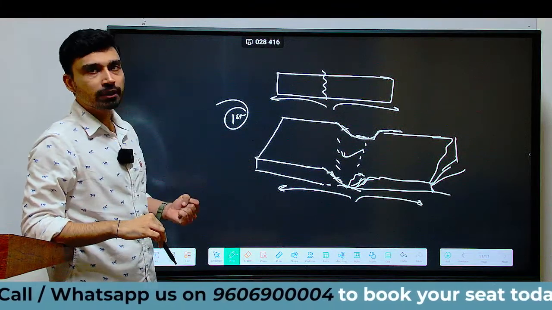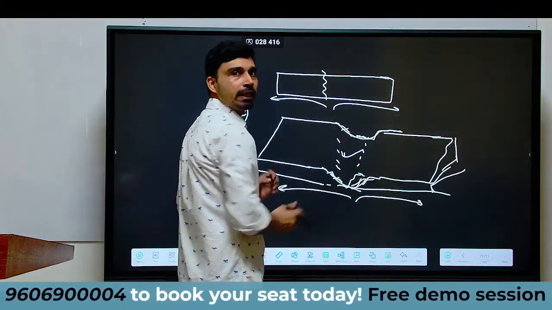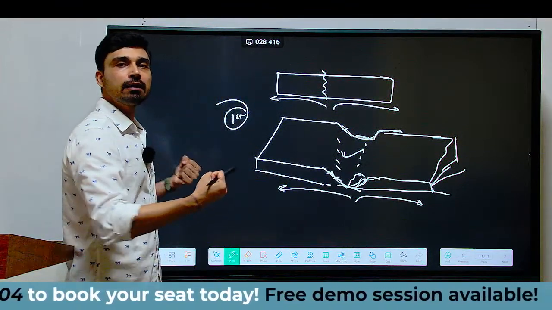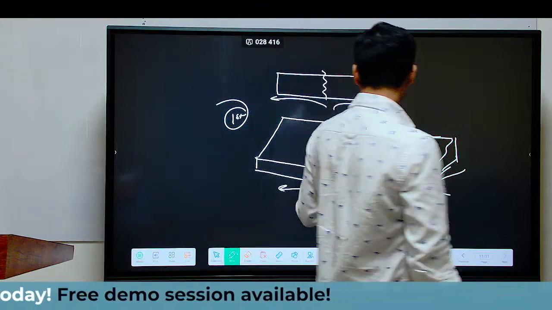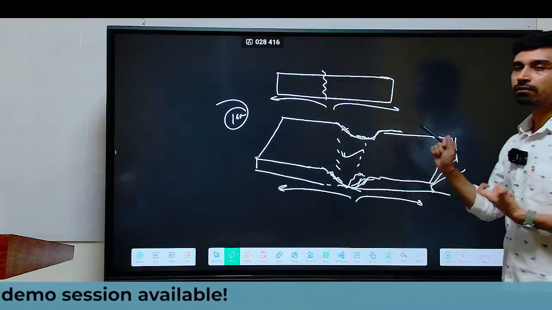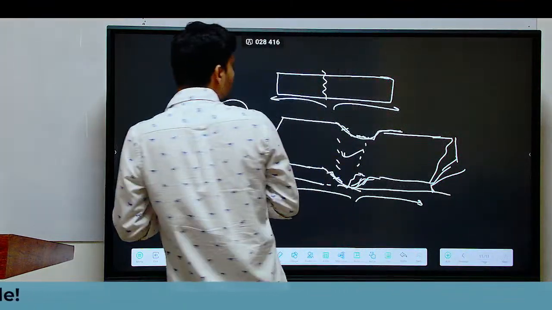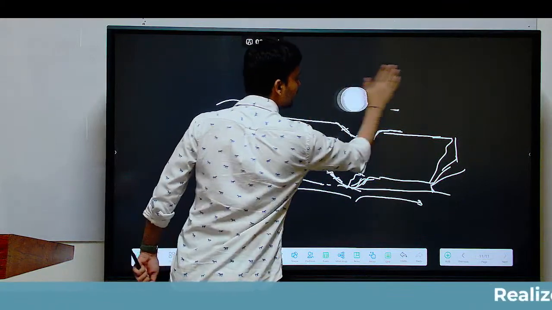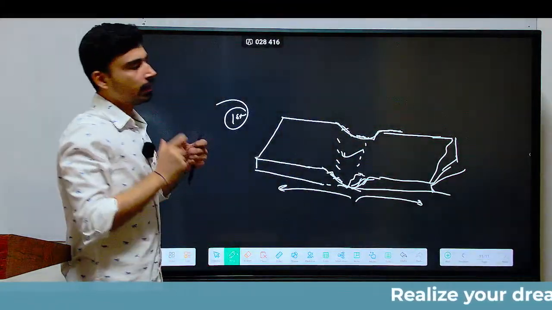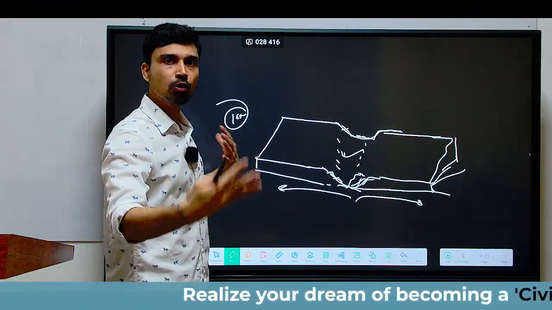Now obviously, as the convection currents keep moving away from each other, they will be pulling the continental plate in opposite directions. That means the rift valley that has developed in the first stage will widen, and as the rift valley becomes wider and wider, a time will come when this valley can open up toward the ocean or sea.